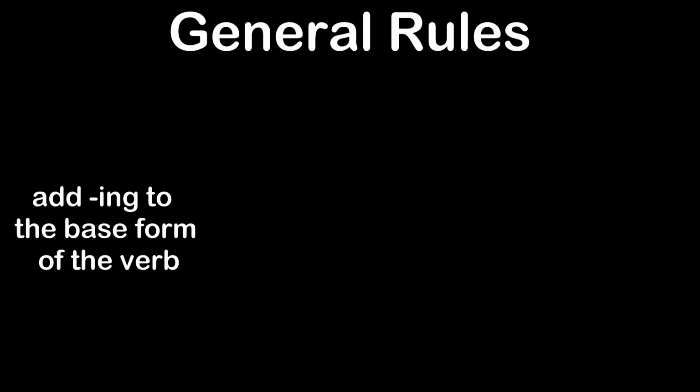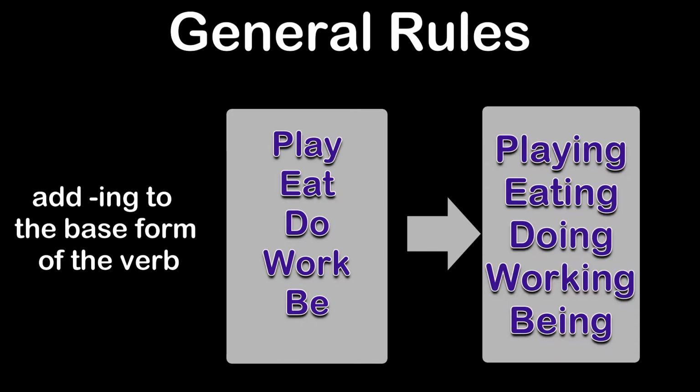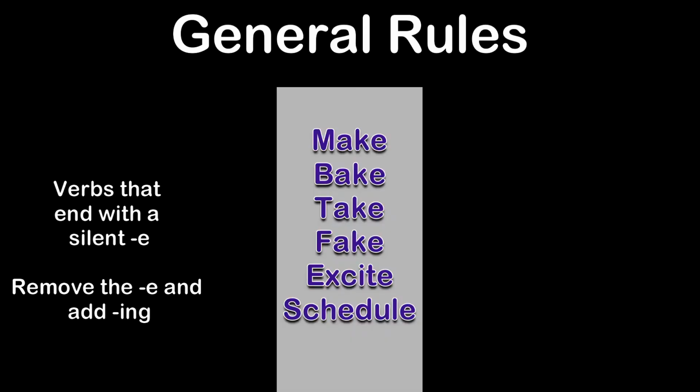Adding ing to the verb: play, eat, do, work, be become playing, eating, doing, working, being. Okay, so when a verb ends in an E or a silent E, we can remove the E and add ing.